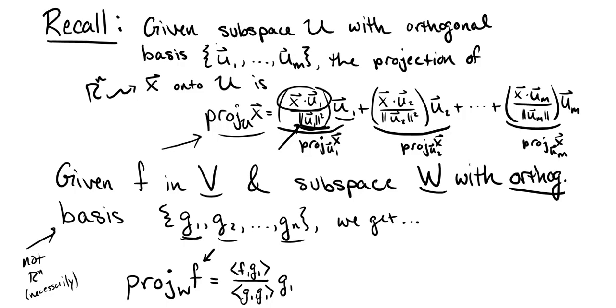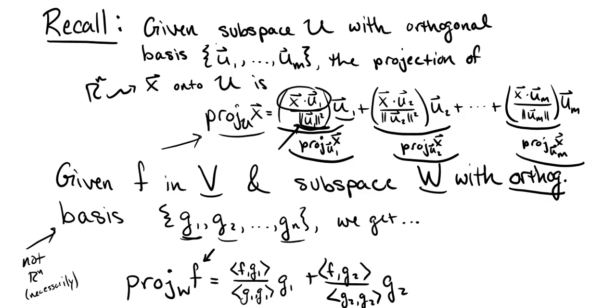I am just directly copying what we have up here for the Rn case, now trading out dot products for inner products. Then the inner product of f with G2 over the inner product of G2 with G2, times G2. That's this whole chunk, all the way out to the last basis vector for W, Gn: project f onto Gn and multiply by Gn.